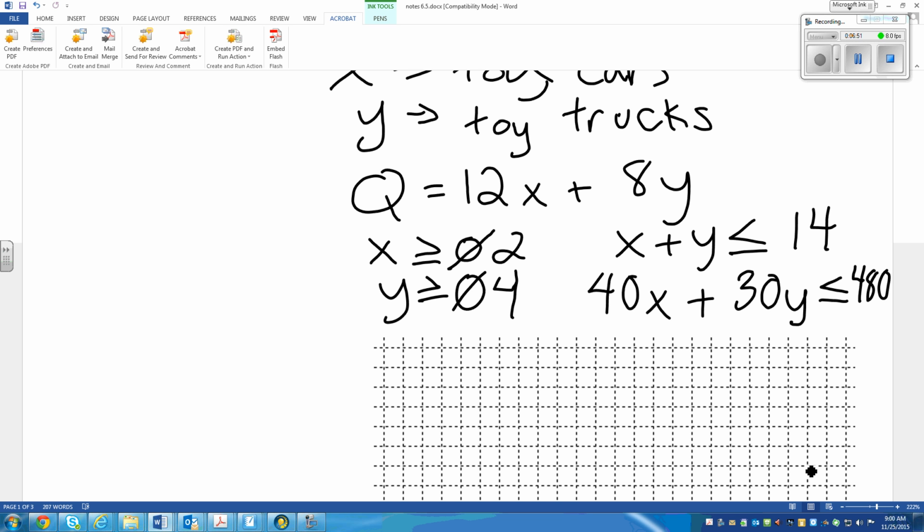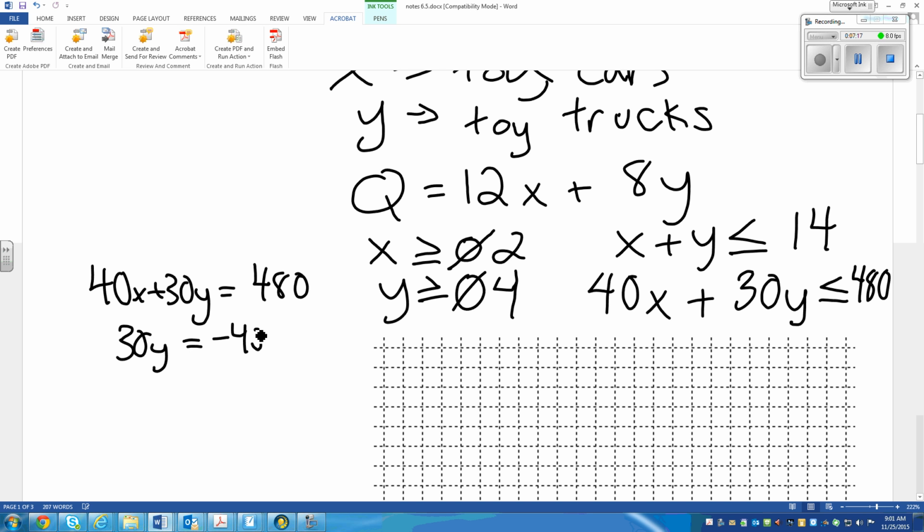Do you want to go into slope-intercept form, y equals mx plus b, or do you guys want to do your x-intercepts and your y-intercepts? Okay, so slope-intercept form. So if I do this, I get 40x plus 30y, and I'm just drawing the line so I can put the equal sign, is equal to 480. I subtract the 40x, I get 30y is equal to negative 40x plus 480.